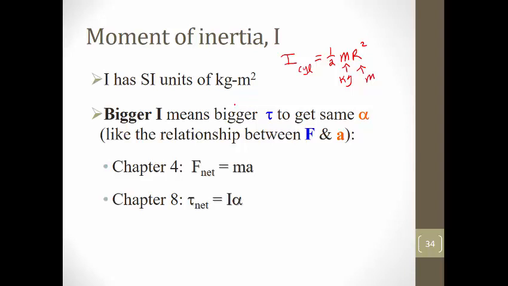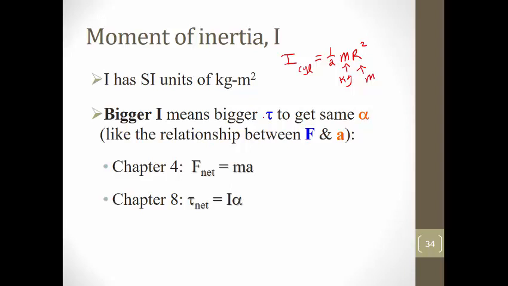If we think about it in terms of the rotational form of Newton's second law, the bigger I is, the smaller alpha is, if we apply the same total torque. Likewise, if we want to have a certain alpha, then we might have to apply more torque if I is bigger, because the mass is twice as big or something.